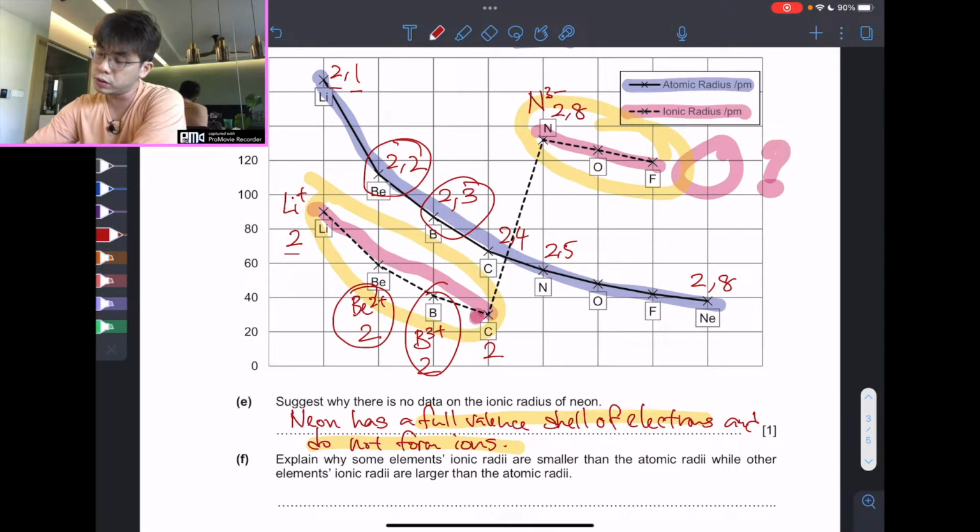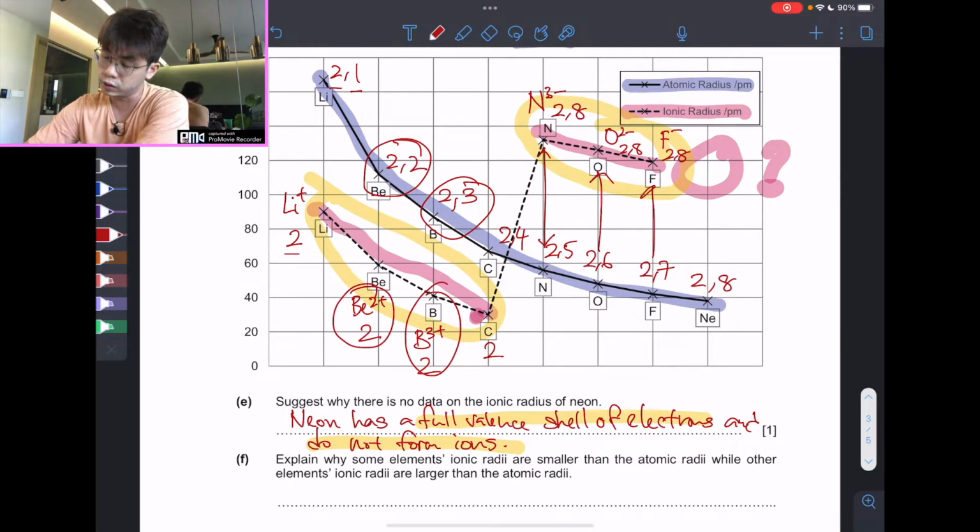So we can see that it remains the same number of shells, but there is an increase. Same for this one, which is 2.6, and the oxide ion O2 minus is 2.8, there's an increase. And then the fluorine atom is 2.7 and the fluoride ion F minus is 2.8.